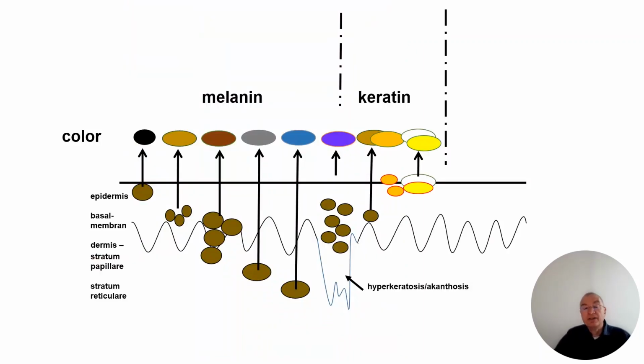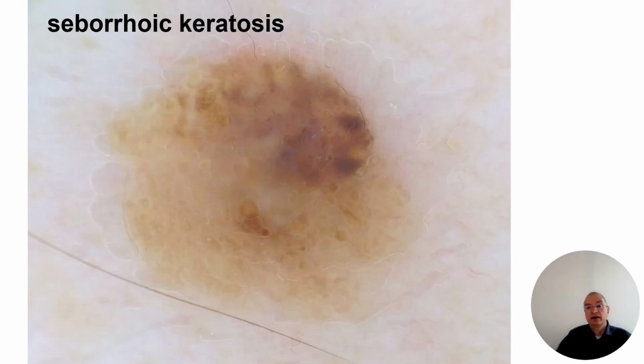So keratin can also be a cause for the pigmentation, for the colors in dermoscopy. We can have, for example, more yellowish in early seborrheic keratosis, a little bit brownish, a little bit blurry. Why? The epidermis is getting thicker and thicker.